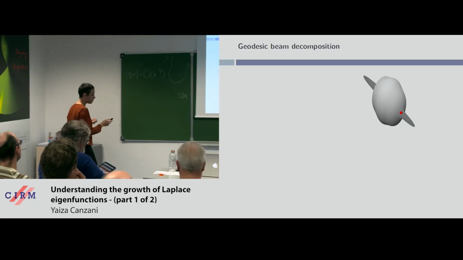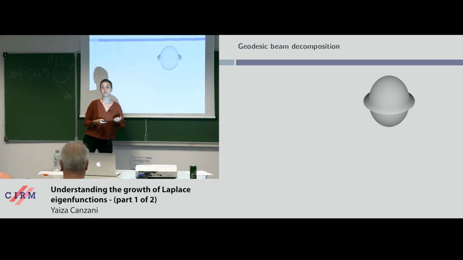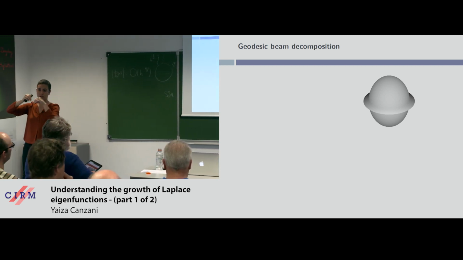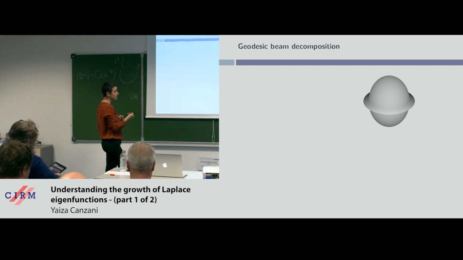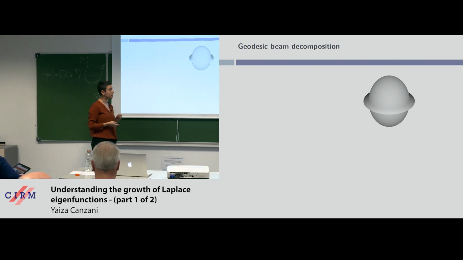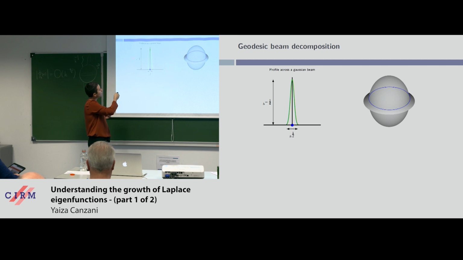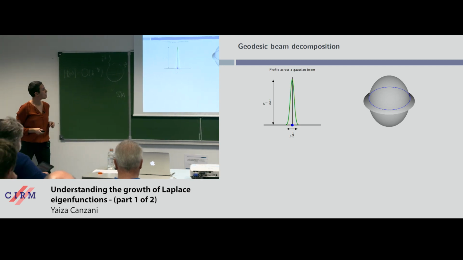So on the sphere, you have these highest weight spherical harmonics. And what they do is they concentrate along a closed geodesic, so along a great circle. And the way in which they concentrate, and again, this is just the plot of the absolute value, is that along the equator, they peak like h to the minus a quarter, and the width of this band is h to the half power.